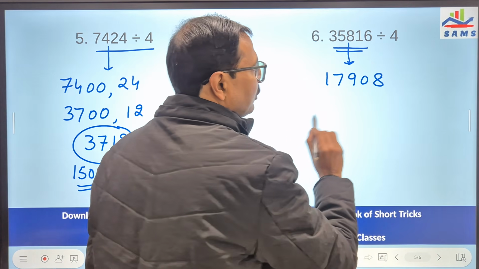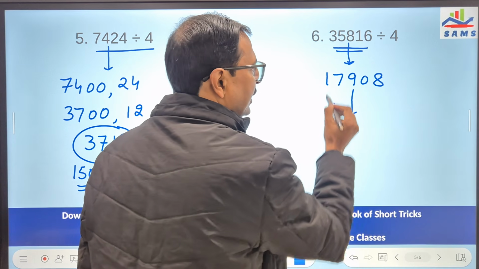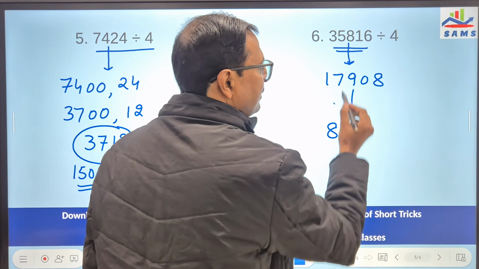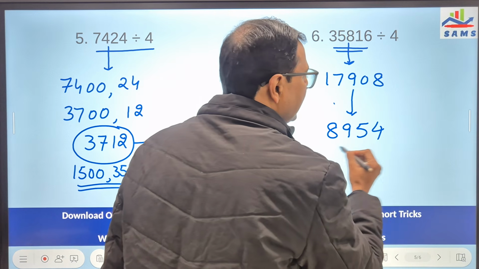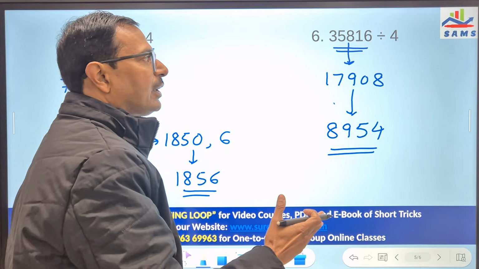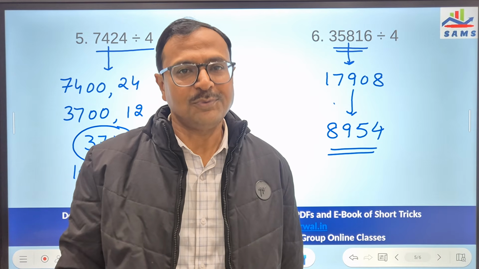And you have to do it one more time. So 16 means 8, I'll do it one more time. So 8, 8, 19 means 9, 10 means 5, and 8 means 4. See, 8954 is the quotient when you divide 35816 by 4.